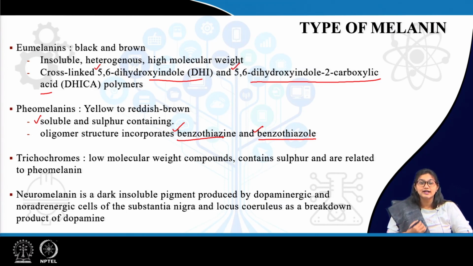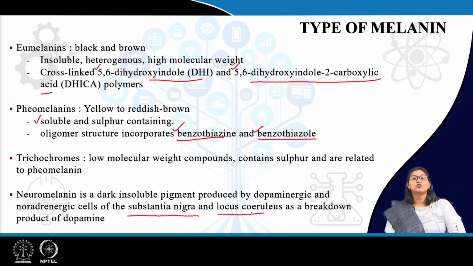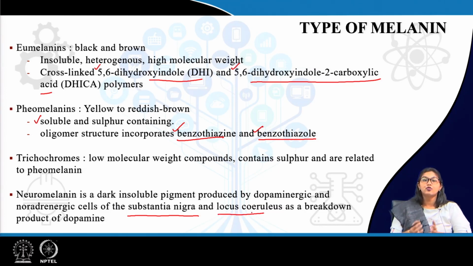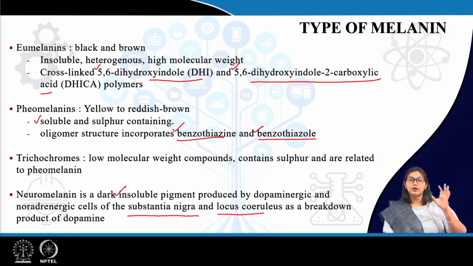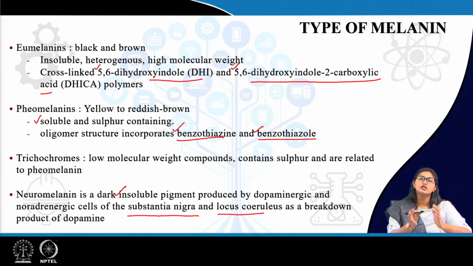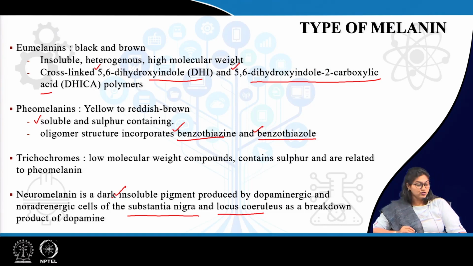By name it is quite significant that it is produced in the noradrenergic cells of the substantia nigra and also locus coeruleus as a breakdown product of dopamine. This is a dark and insoluble pigment. So, once again, eumelanin is insoluble, neuromelanin is insoluble, but pheomelanin is soluble, and trichochrome, which resembles pheomelanin, is also soluble. So, these are the different types of melanin.